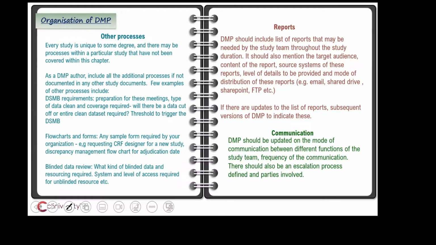This could be, let's say, DSMB requirements, for example, any requirements pertaining to the DSMB meetings that may occur during the course of the study. What preparation is expected to be performed for those meetings? Will this preparation be treated as a lock, as in having all the data clean and reported prior to the meeting? Will the DSMB only focus on a sample of the data or a complete data set?